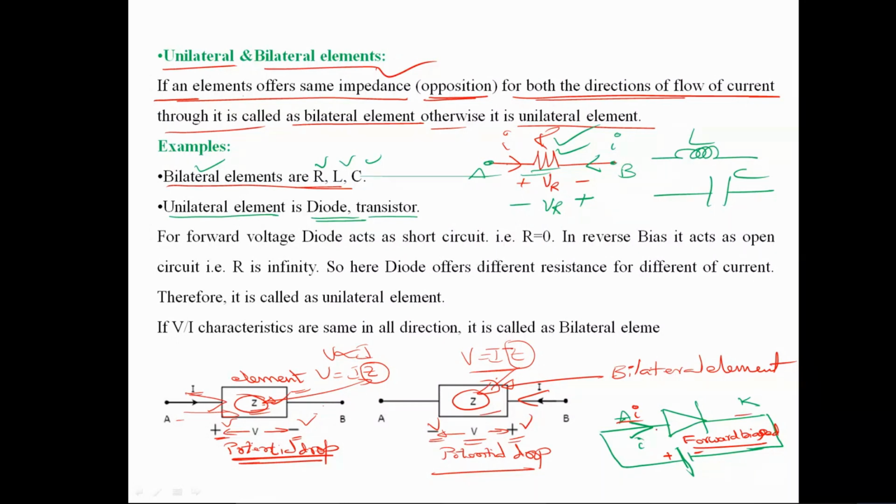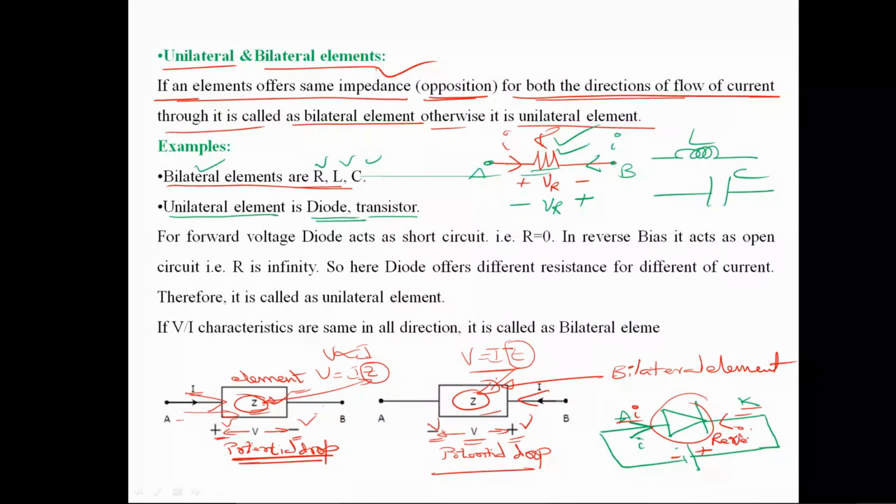Suppose you reverse the battery terminals like this. If you connect the positive terminal to the cathode and the negative terminal to the anode, then no current will flow in this direction because your diode does not allow current in the reverse biased mode.